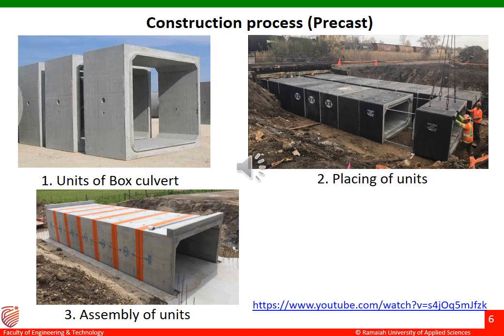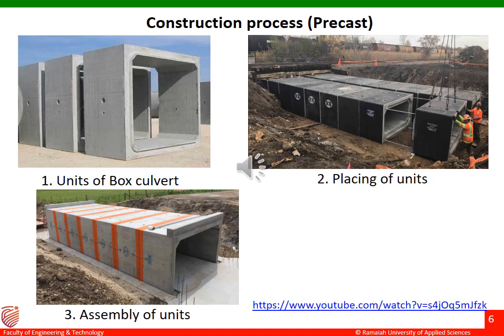Here, while making the precast units, you not only have to concentrate on the discharge requirement for river bridges, or the size of the roads for underpasses, you also have to concentrate on your available transportation facility.